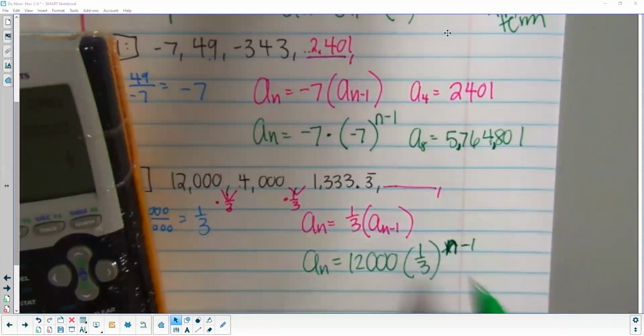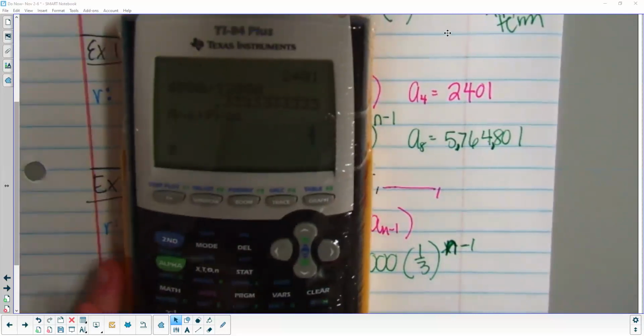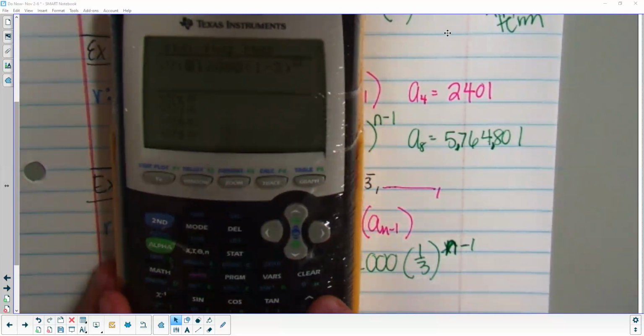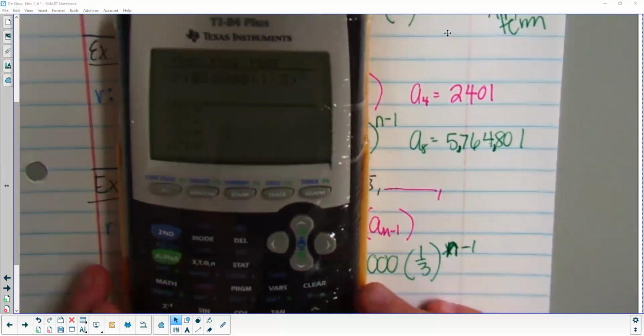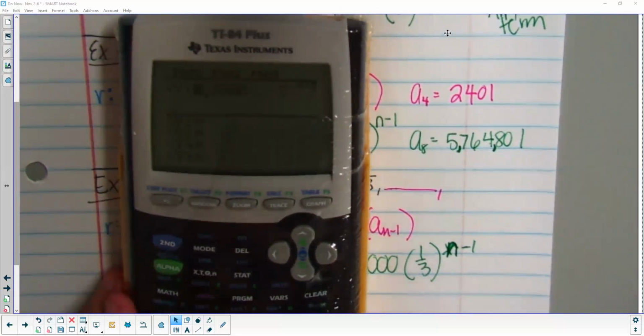Now we type in an x in our calculator because our calculator only knows x's. So going back to y equals, typing in 12,000, parentheses, 1 divided by 3, our little caret button, meaning our exponent. Remember that caret button's right here. Don't ask me why it's a caret. That's just what it's called. X minus 1 power.